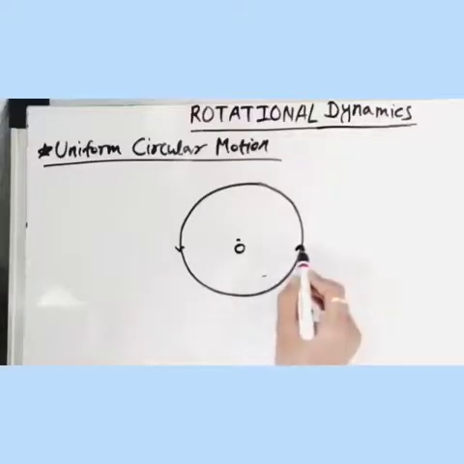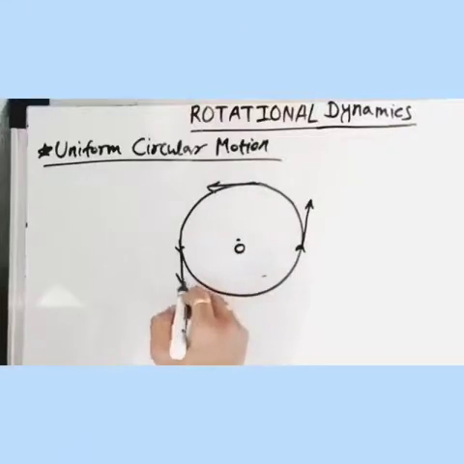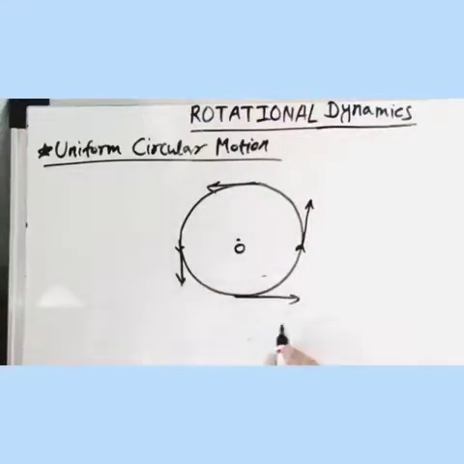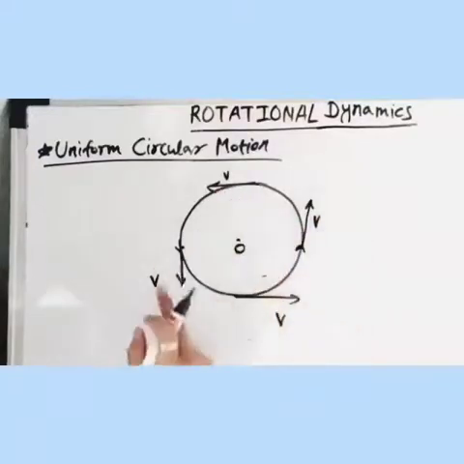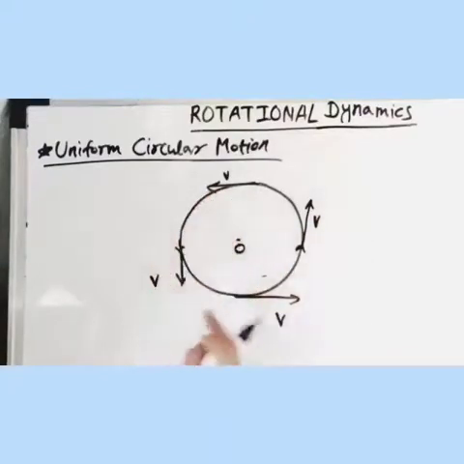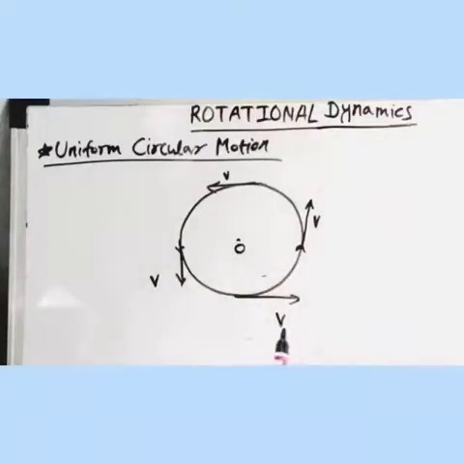Then at any instant, the linear speed of the particle is always tangential. So let this be v. So the linear speed v at any time instant or at any position on the circumference of the circle is going to be the same. Magnitude wise you can see the linear speed is constant everywhere.